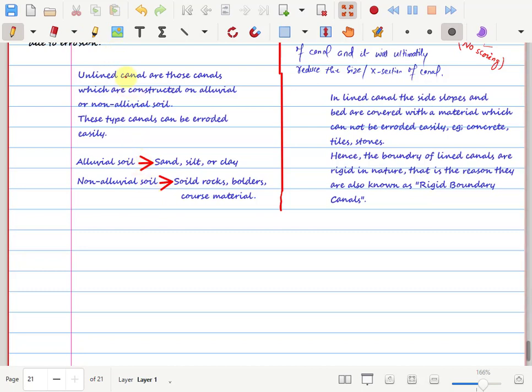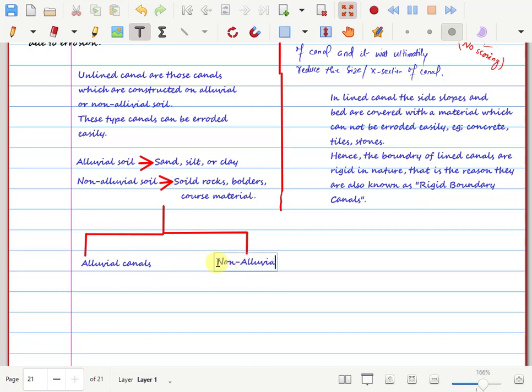So in the case of lined canals, we have discussed a few more things. In lined canals, there are two types, right? There were alluvial canals and non-alluvial canals.